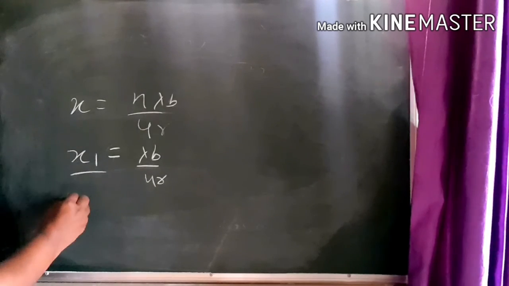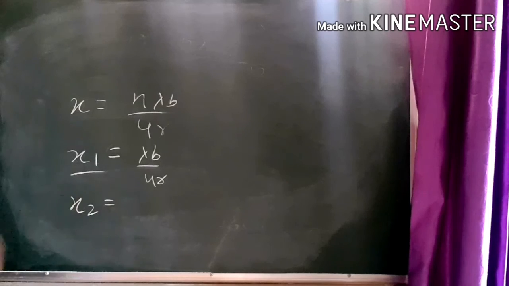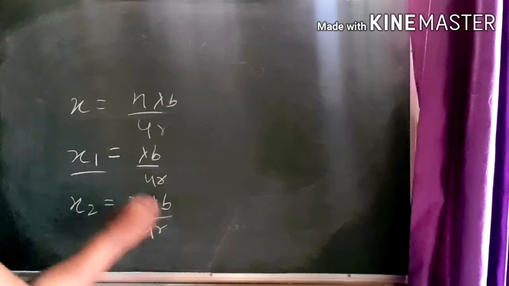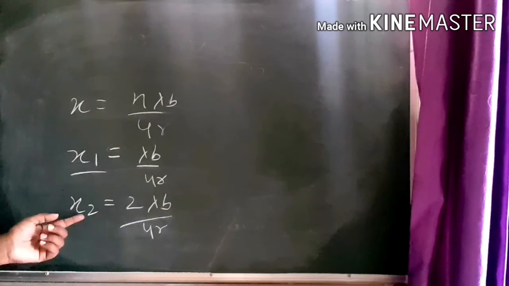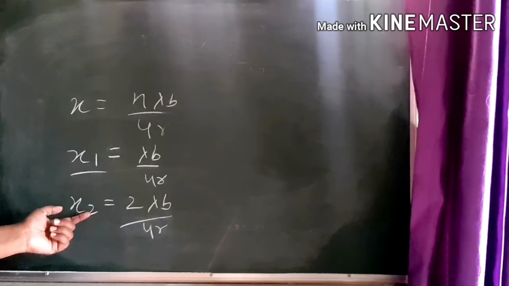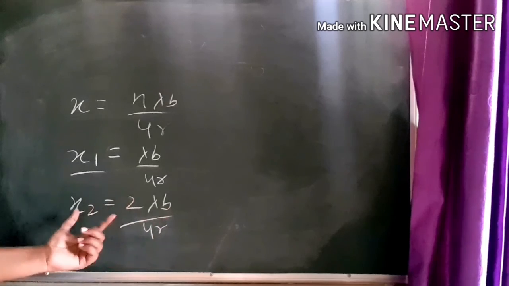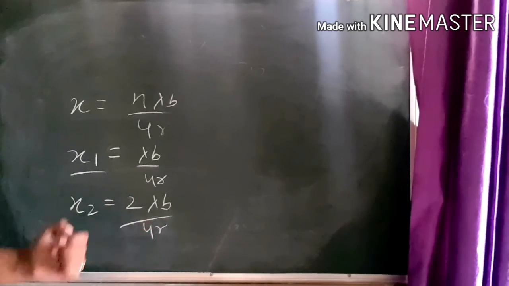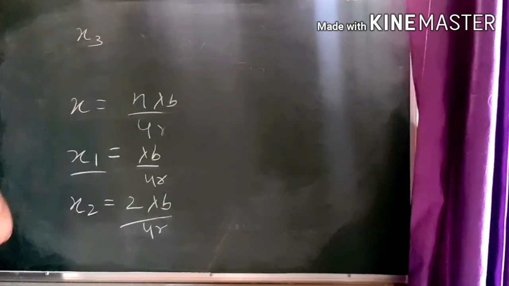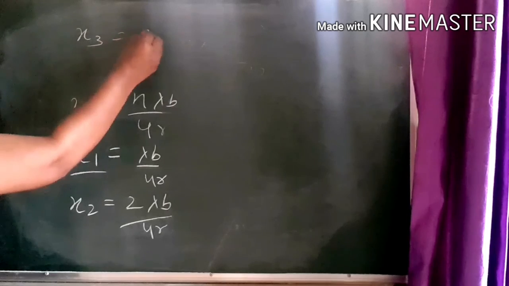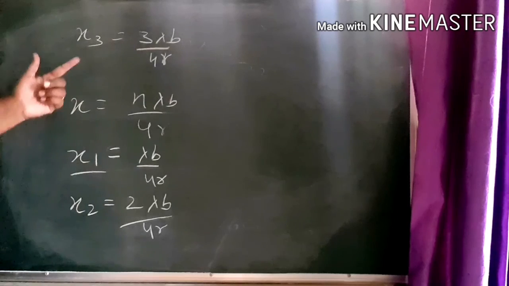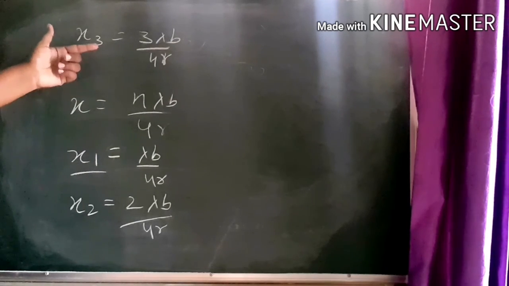If n is 2, then we have 2 lambda b by 4r. Here n is even. This is the point of minima. At this position, we find minimum intensity. Again, if n is equal to 3, then we have 3 lambda b by 4r. n is odd. This is the position of maxima.